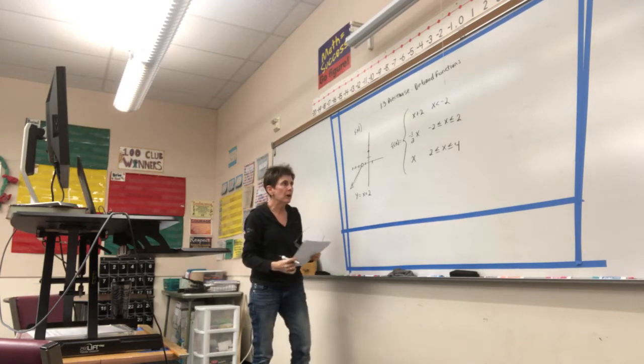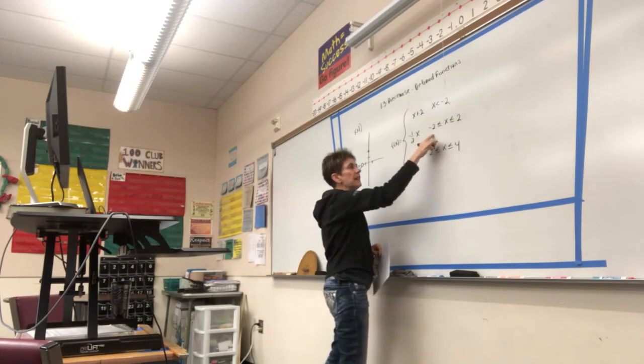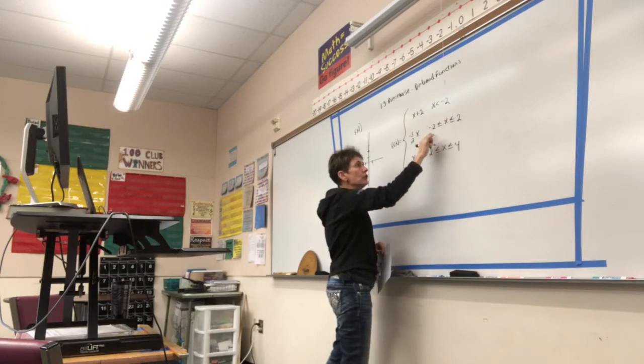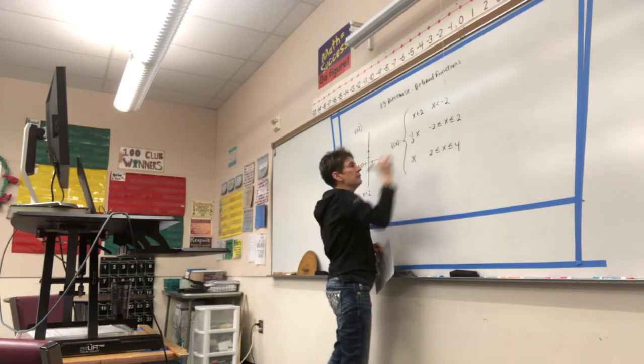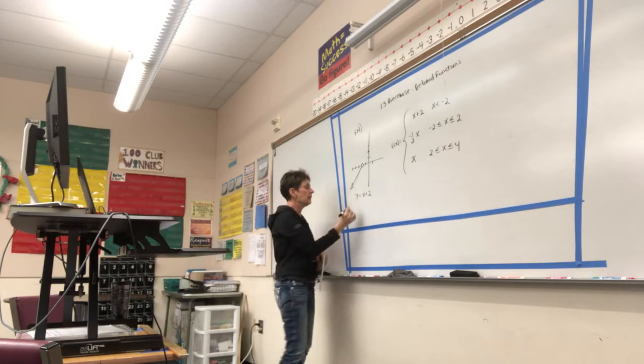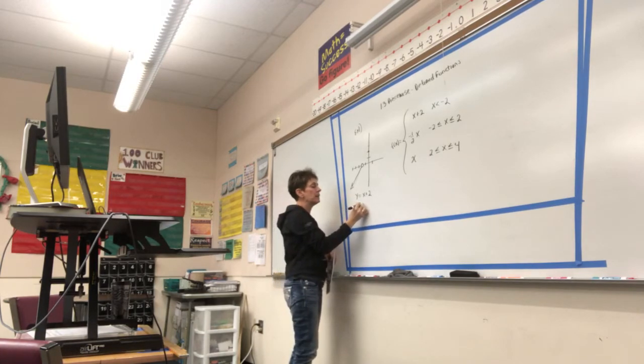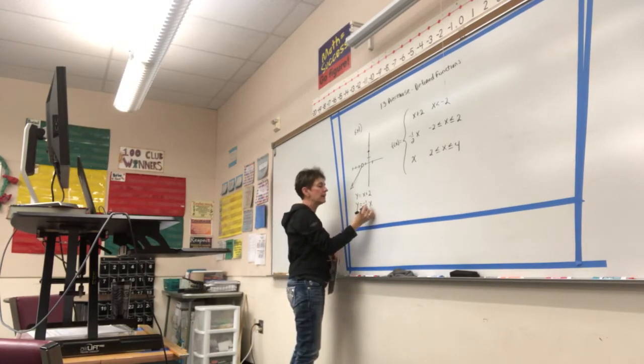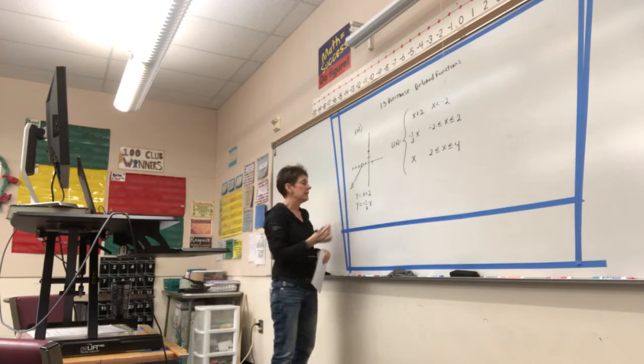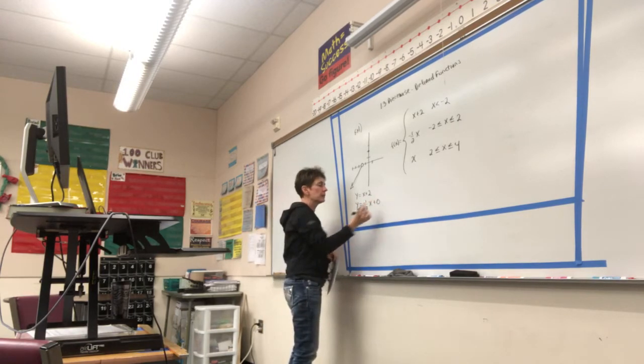Now the second part occurs when x is between -2 and +2. Note that it is including -2 and +2. And the line we are graphing is y equals -1/2 x. We might think of that as -1/2 x plus 0.